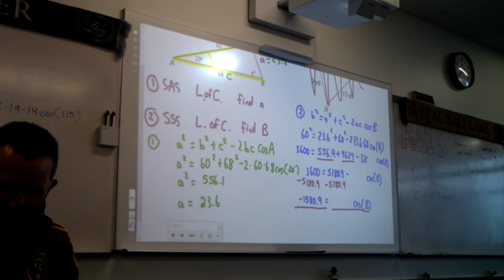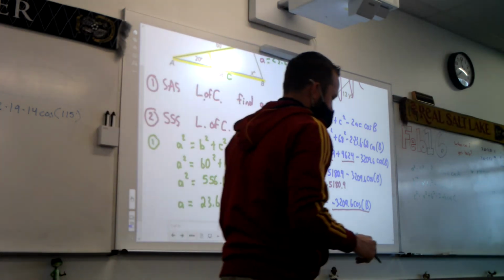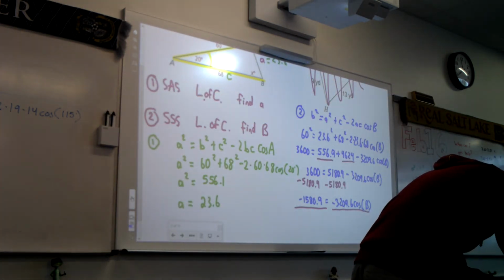Notice, I have negative 8,160. Maybe double check it. Do 2 times 23.6 times 68. Yeah, it's negative 8,160. Are you in radians? No, I'm in degrees. 2 times 23.6 times 68.